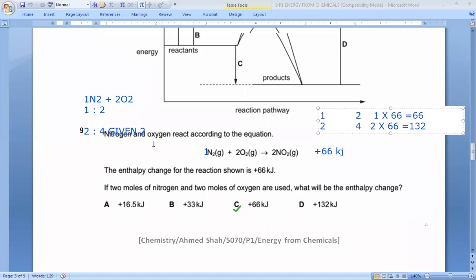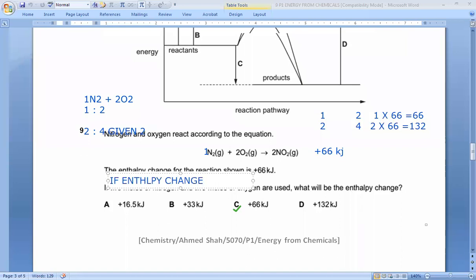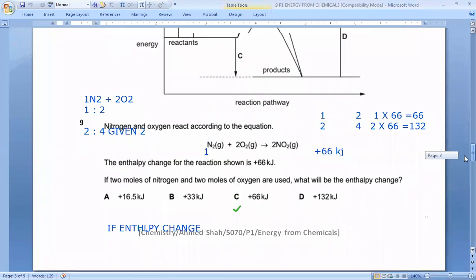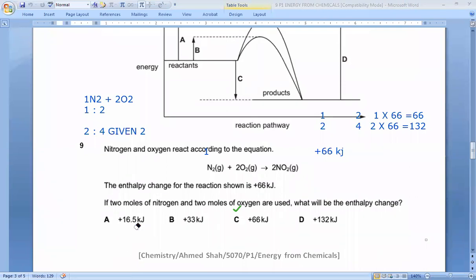If I change the question in this way, if the enthalpy change, if 2 moles of nitrogen and 4 moles of oxygen in the reaction, so what will be the enthalpy change?